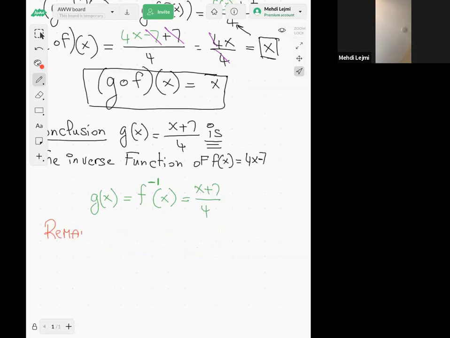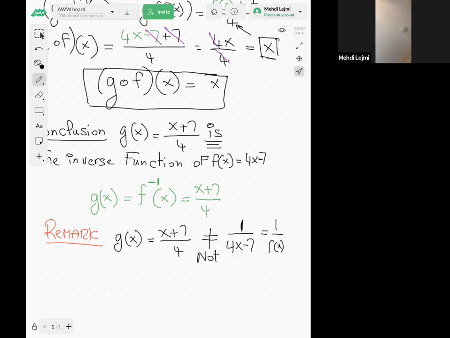This g of x, which is x plus 7 over 4, is not 1 over f, which is 4x minus 7.